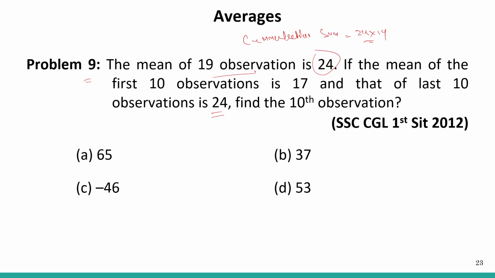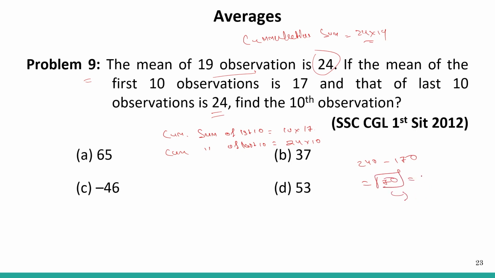So the cumulative sum of the first 10 is equal to 10 into 17, and the cumulative sum of the last 10 is equal to 24 into 10, right? So let's take the difference between these two. So 240 minus 170. So this is equal to 70. So 70 is the difference.